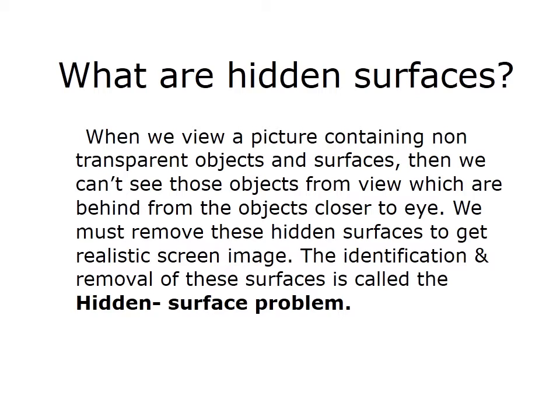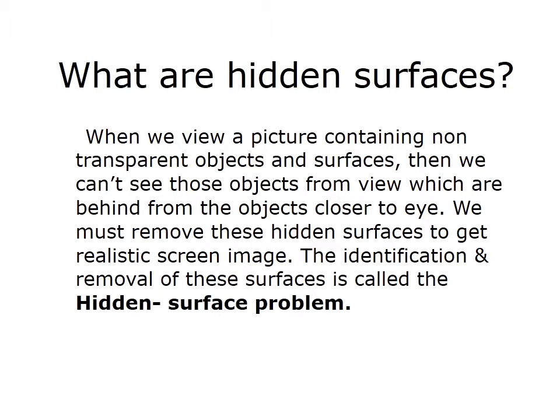The identification and removal of these surfaces is called the hidden surface problem, because the image can have one or more lines or structures hidden behind the actual picture.